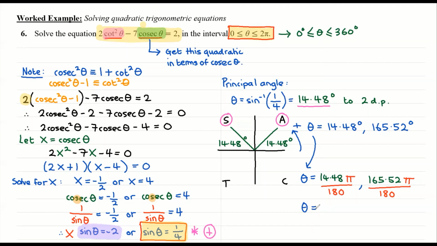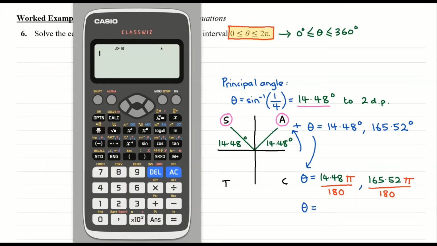I think we'll do 14.48 multiplied by pi. So I'll do shift and the button in the center at the bottom, which has both a pi and e function, in fact, and then divide that by 180. And that gives us our first angle, which is going to be to 3 significant figures, 0.253.